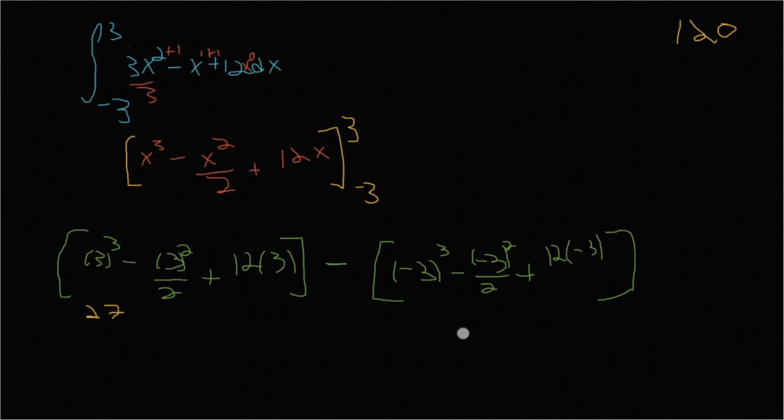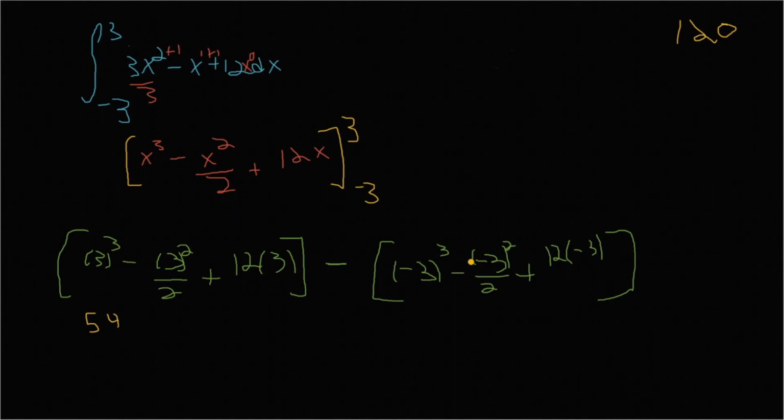So 2 times 27 is 54. So I'll just write 54. And then minus 3 times, so that's 9 over 2, so negative 9 over 2, minus 9 over 2.